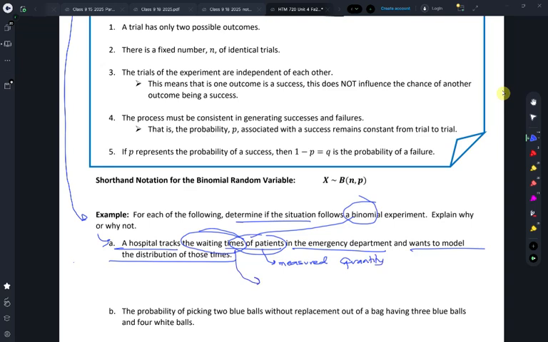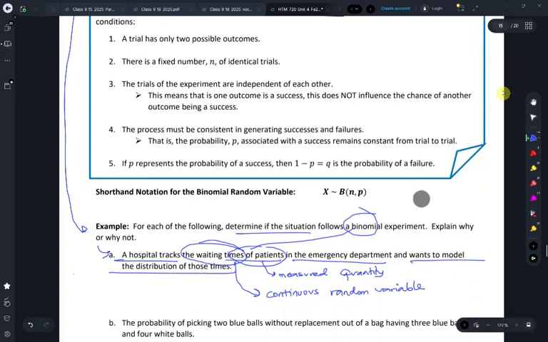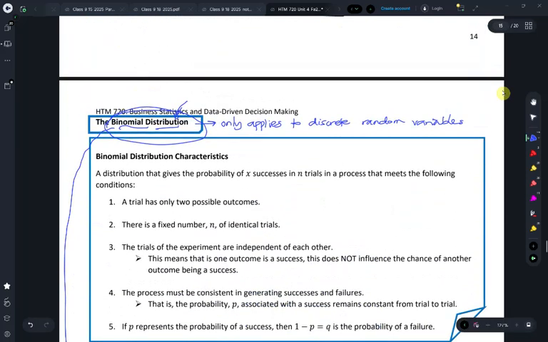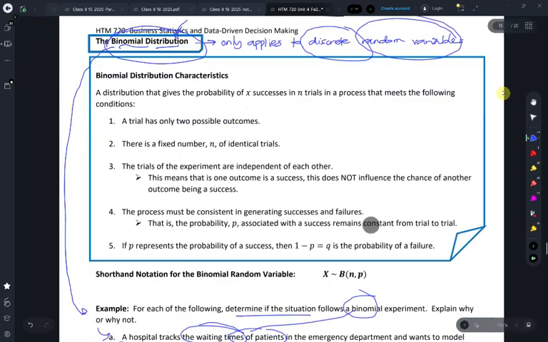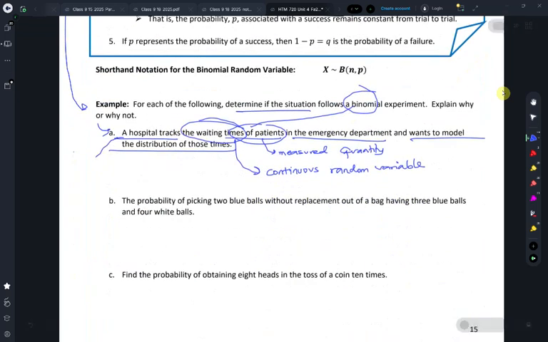And so, in this case, this will constitute a continuous random variable. The binomial distribution does not apply to continuous random variables. Rather, it applies to discrete random variables. So in this scenario, the binomial distribution will not apply.